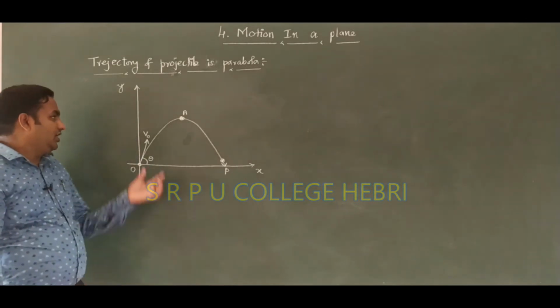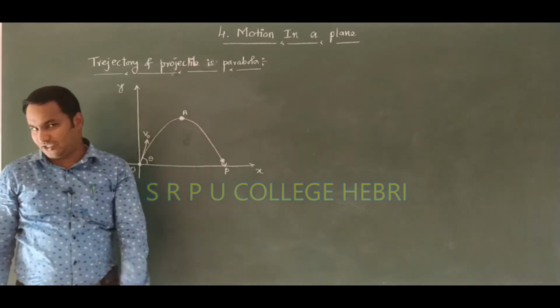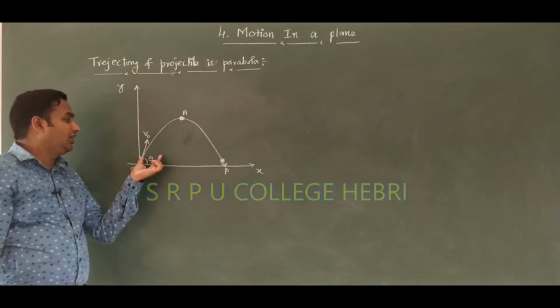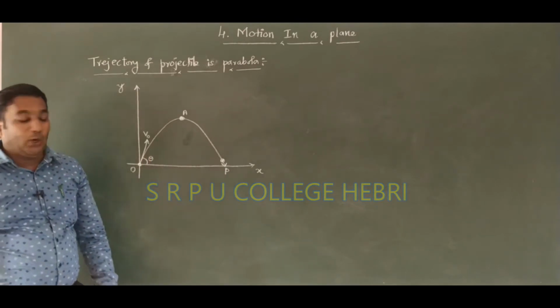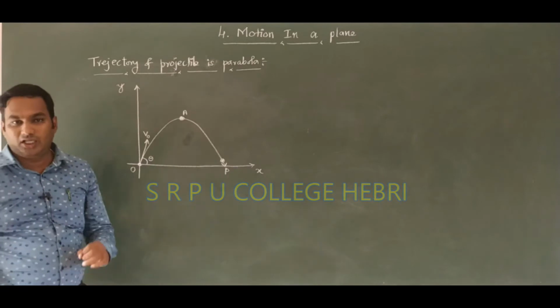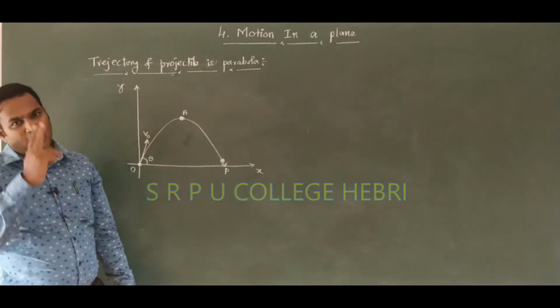Dear student, initial velocity V0 is a vector quantity, in between the x and y axis with a particular angle theta. Automatically that vector quantity is resolved or split into how many components? Two components.